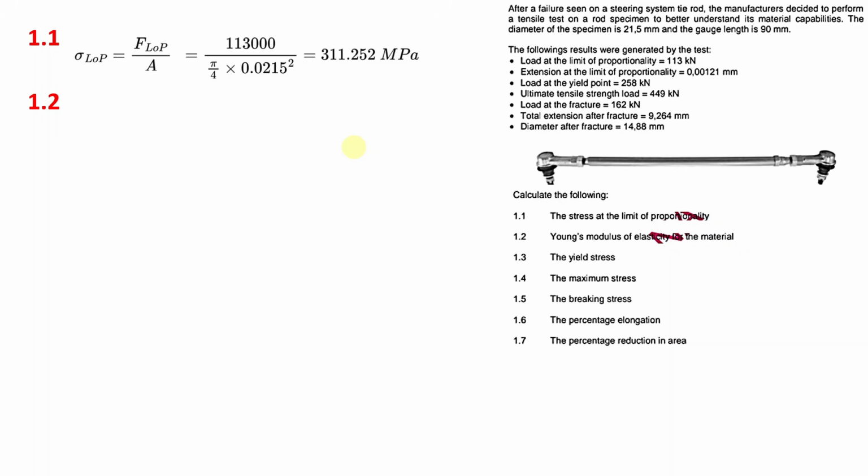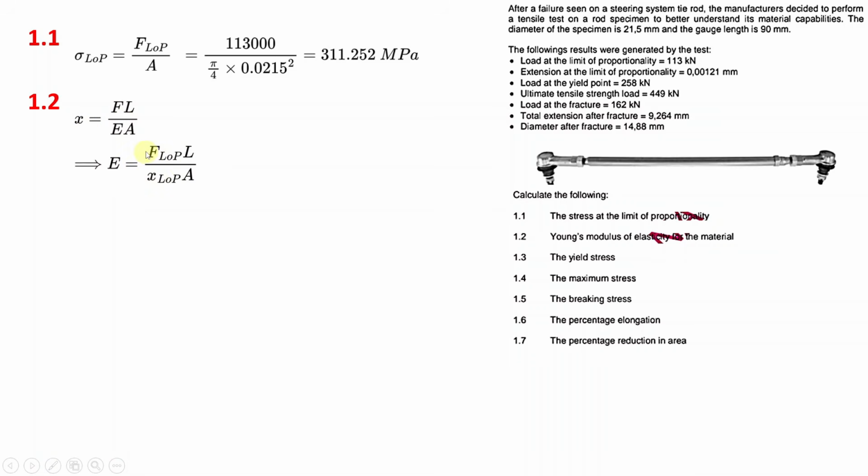For question 1.2, you need to find the Young's modulus of elasticity for the material. For you to get the Young's modulus, you will use this equation here. From this equation, you will be able to find what E is equal to, so E will be equal to that.